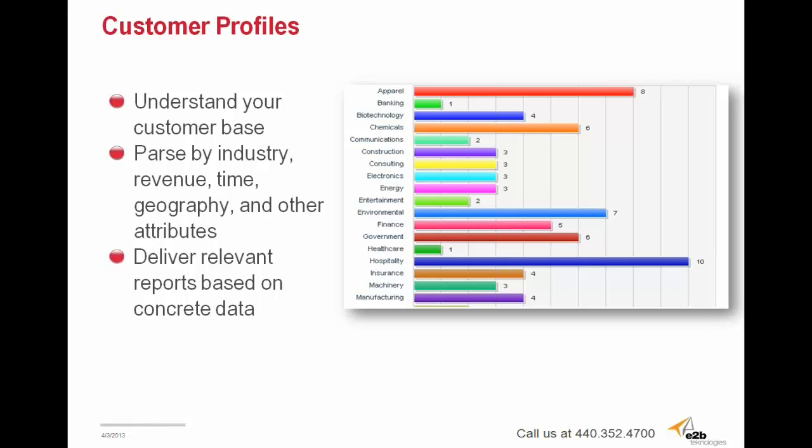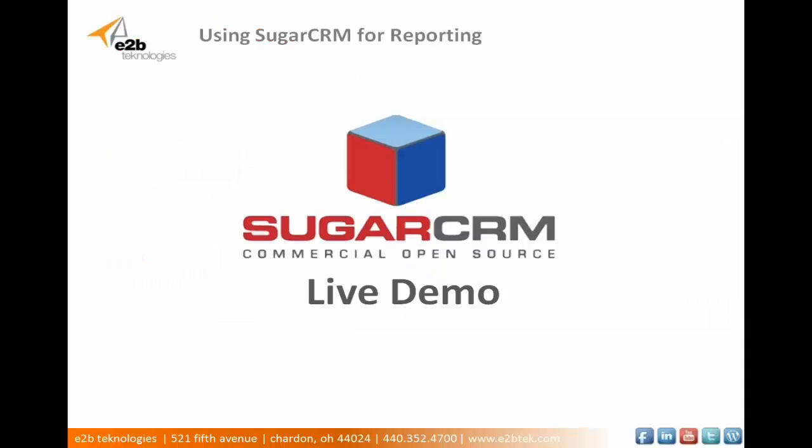Sugar's reporting capabilities far exceed other CRM systems because all of the customer data and even the relationship data between contacts and their accounts and opportunities can be segmented on and built into reports without extra costs or upgrading fees, or really any upgrading at all. All these reports are offered out of the box.